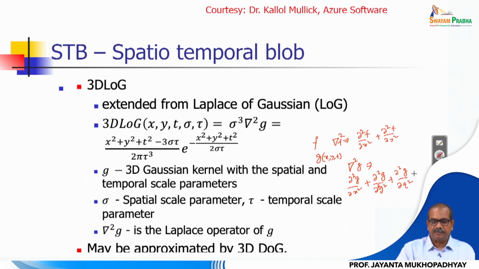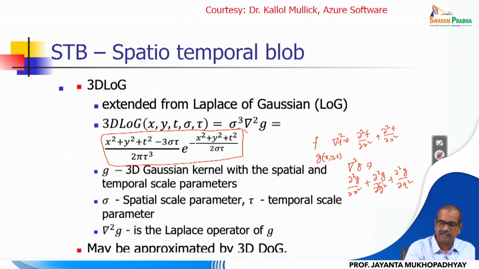And this filter means that you need to filter the image using a kernel which is given by this function, which is basically the second derivative of the Gaussian kernel in 3 dimensions, multiplied by the sigma cube value of the space.